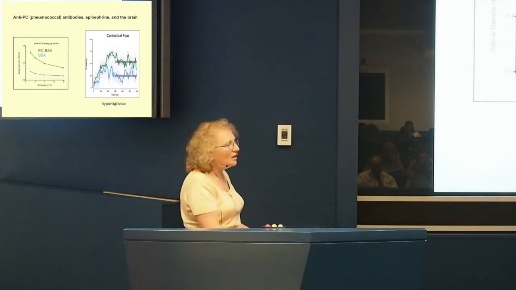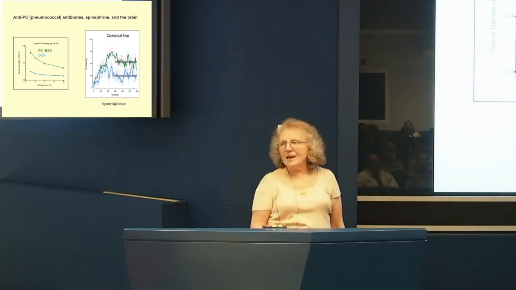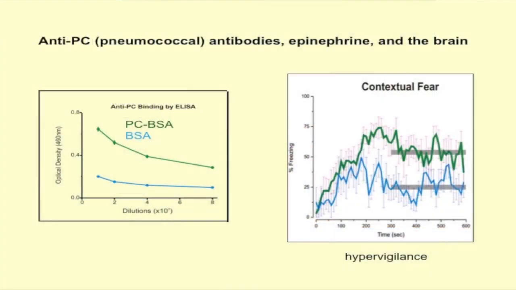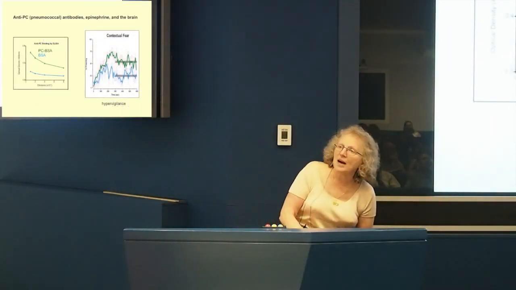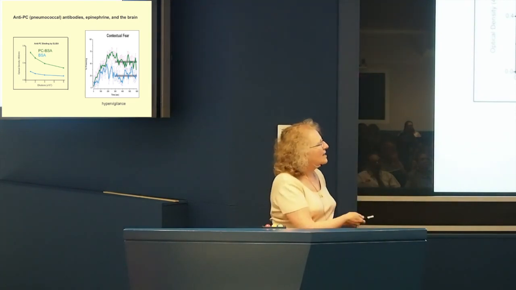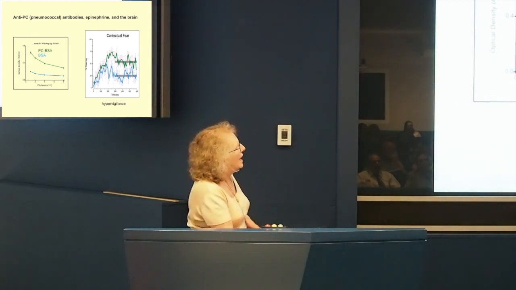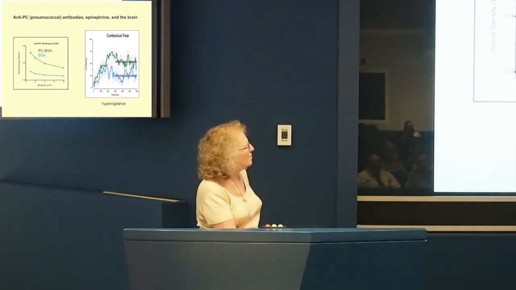So we've actually looked at this, looking at phosphocholine, which is a dominant epitope on pneumococcal polysaccharide, the cell wall pneumococcal polysaccharide, and on some of these serotypes, coupled to either BSA or bovine serum albumin alone. And you can see that in a fear conditioning response, so we then gave the mice epinephrine, those mice that had the anti-phosphocholine antibodies, in fact, froze longer and were hypervigilant.